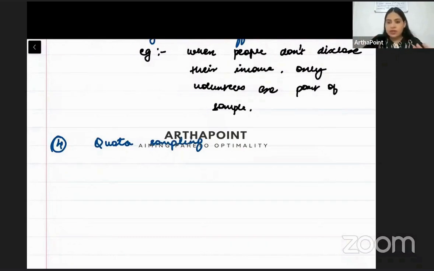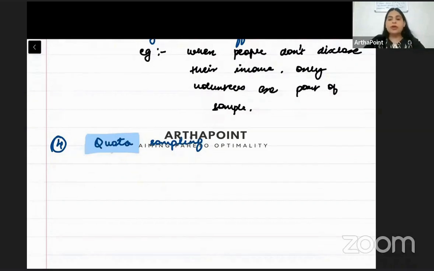These three look very similar. So first you should be very clear that quota sampling is non-probabilistic, meaning I am not doing randomization in any way. Whereas stratified and cluster are probabilistic, which means I was doing randomization in some way.